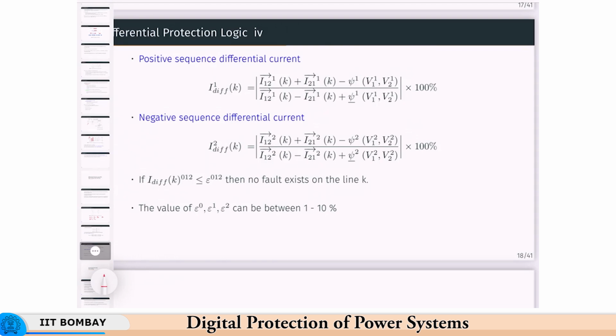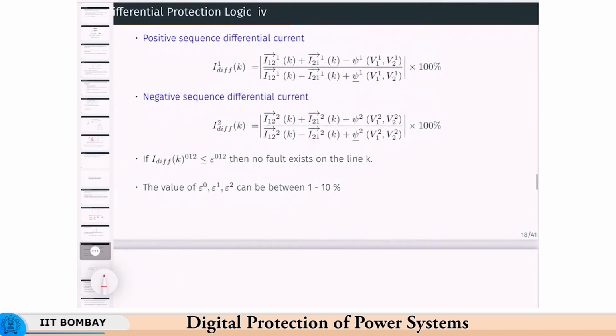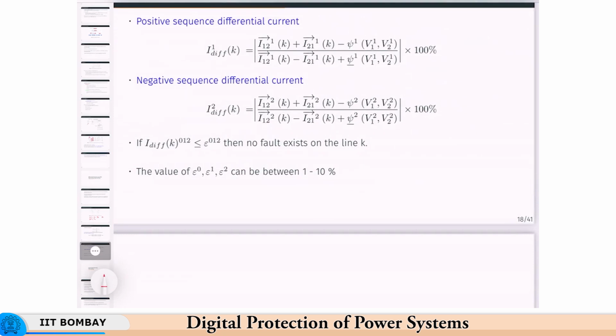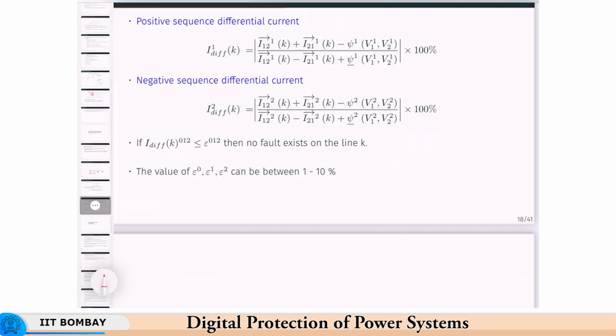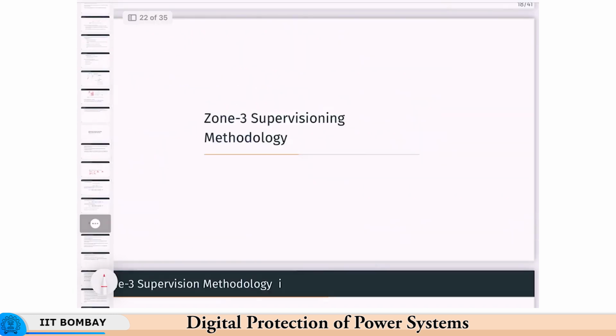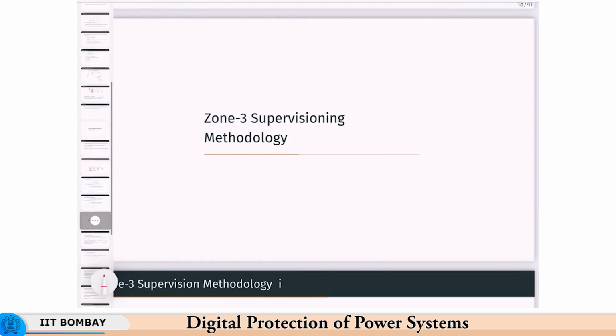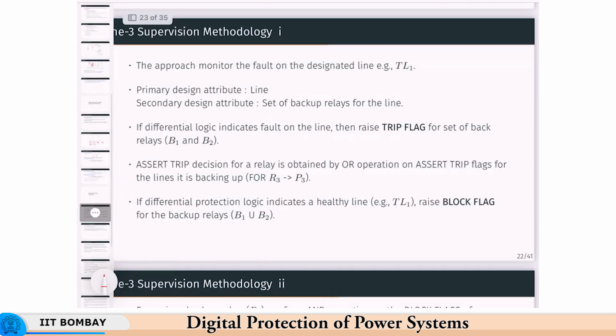So, you can have different thresholds for different sequence components of the current. If that is below a certain threshold, say 1 to 10%, then there is no fault on that line. Okay. We are comparing the difference currents, and then it is similar to a current differential protection logic, but a few more nuances are added to it.